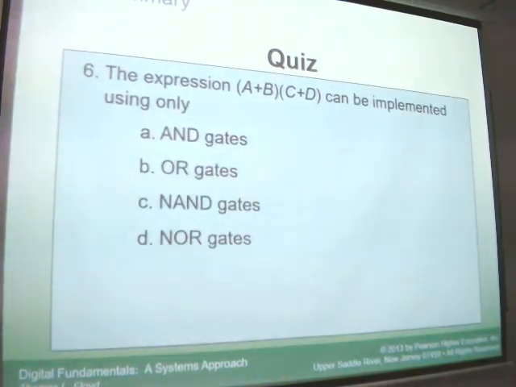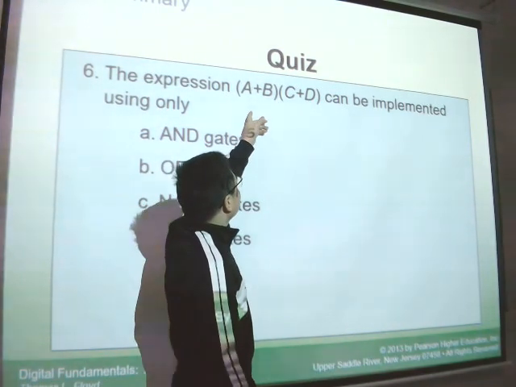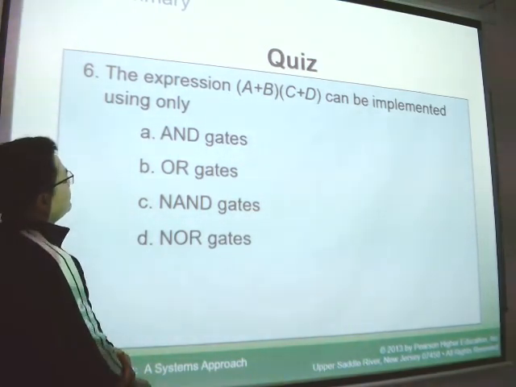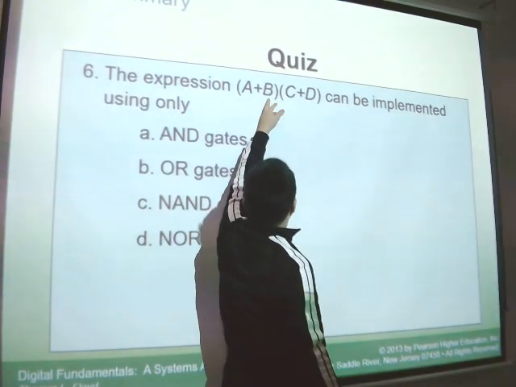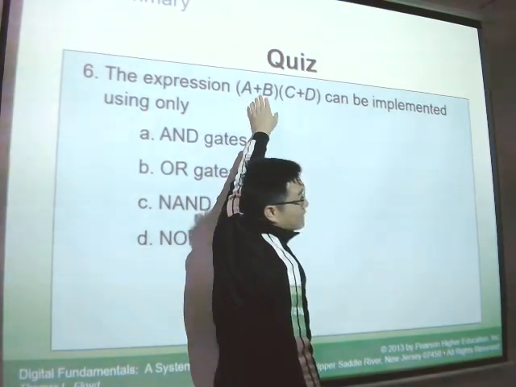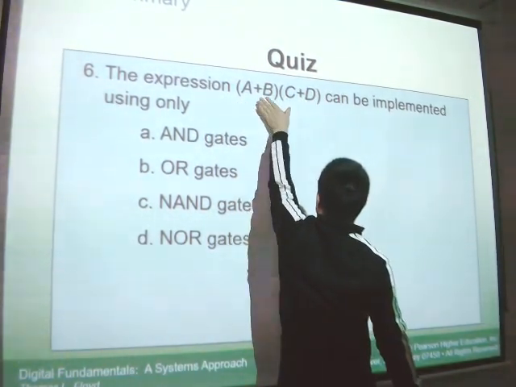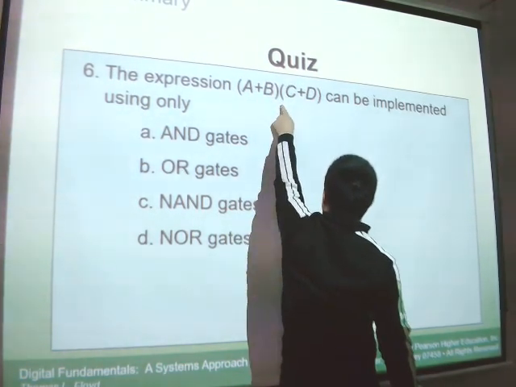Question 6. The expression A plus B times C plus D can be implemented using only what? If we directly use logic gates for this Boolean expression, A plus B is one OR gate, C plus D is an OR gate, and the two parts are ANDed, so an AND gate.